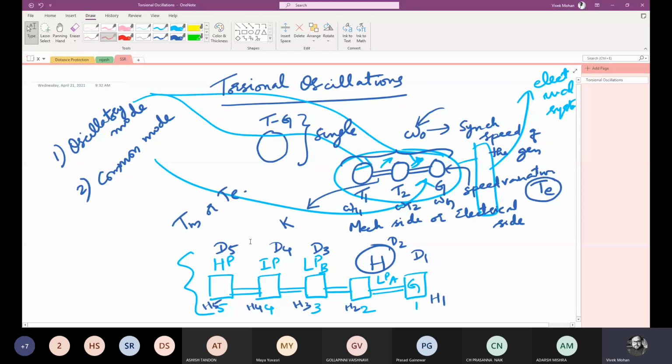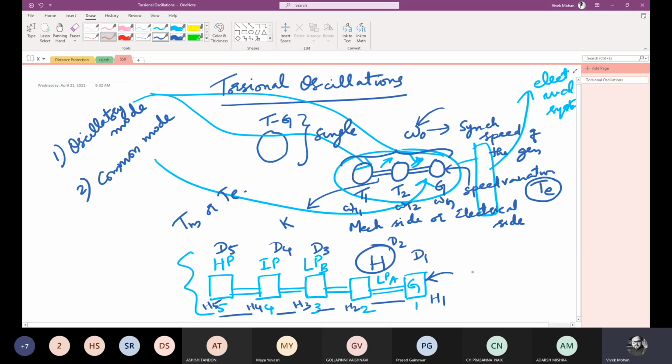Another reason for damping can be from the generator rotor damper windings. The generator rotor damper windings have an effect on the damping of the oscillations, which can affect all the masses because they are connected with the shaft. Now there is some damping from the electrical network as well.